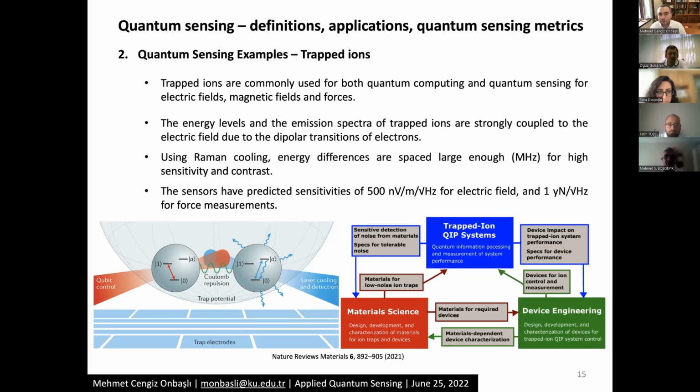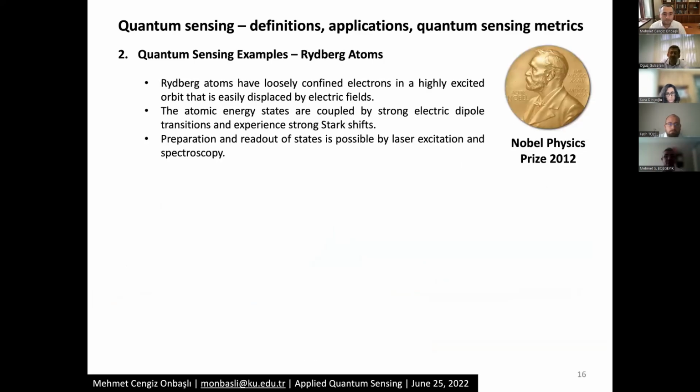And when it comes to force measurements, this can go as low as 1 yoctonewton per square root hertz. So we are referring to extremely fine detection limits where you can start observing all the way down to molecular bond forces.